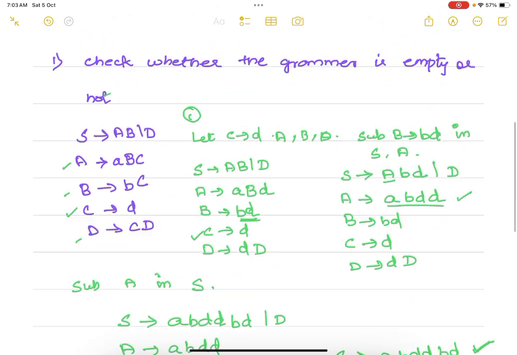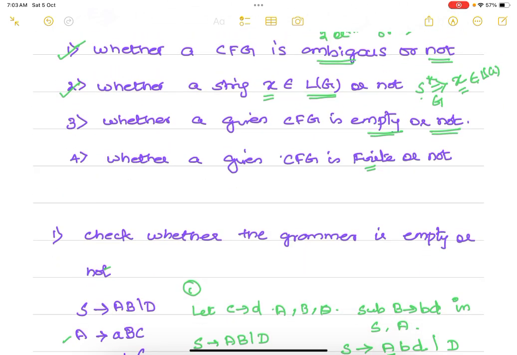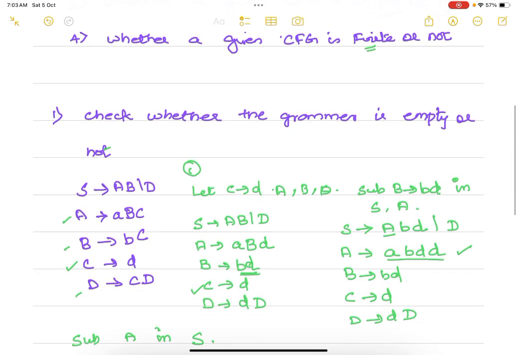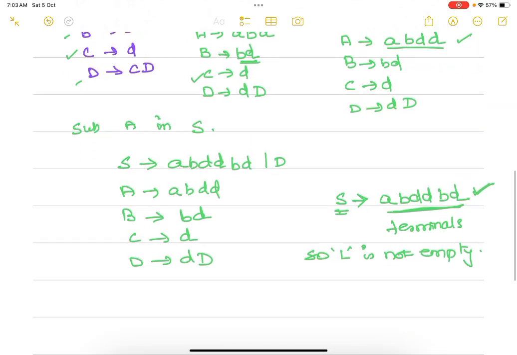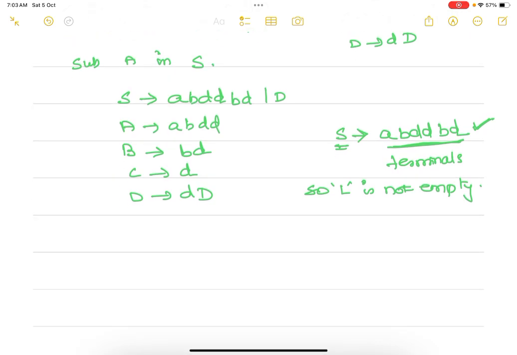Now for the fourth example, to check whether a given grammar is finite or not, we will take one more example. When will we say the language generated by the given grammar is infinite?